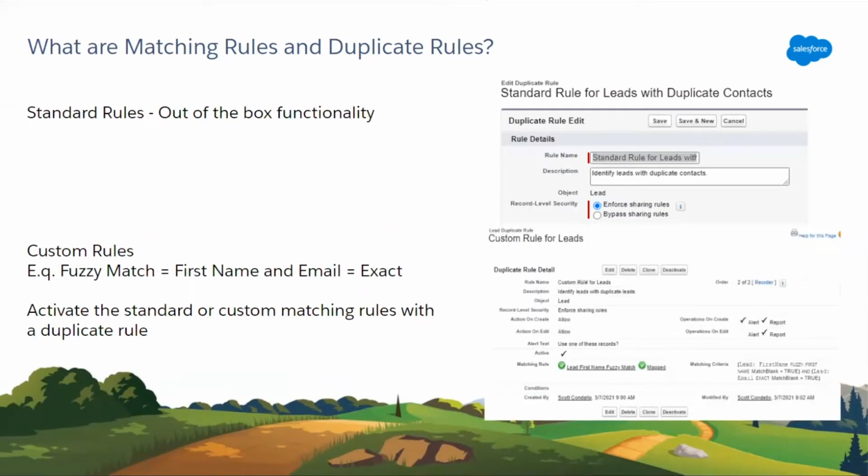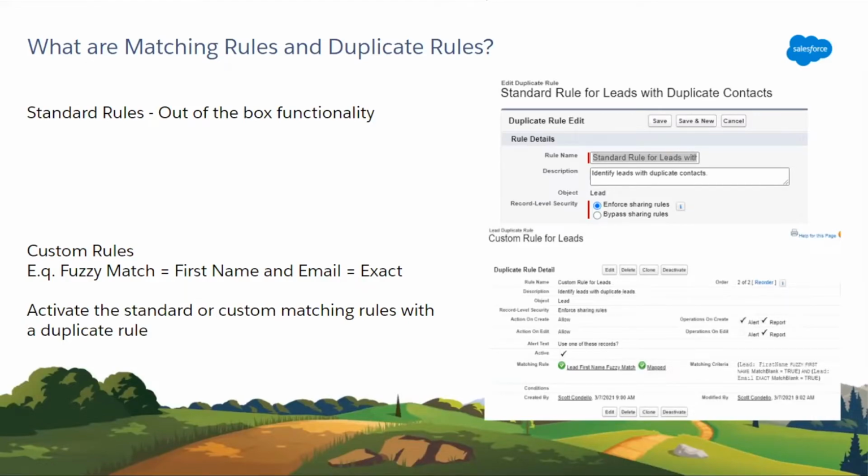When it comes to out of the box functionality, you have some standard ones. For example, for leads, you could match when the first name and last name are exact, but you would have to create some custom rules if you wanted to do what's called a fuzzy match. Let's say you have Tom versus Thomas, and you wanted to match that to an exact email address to help find those duplicates.